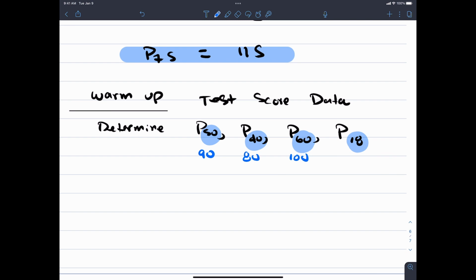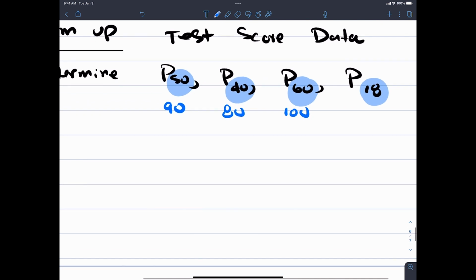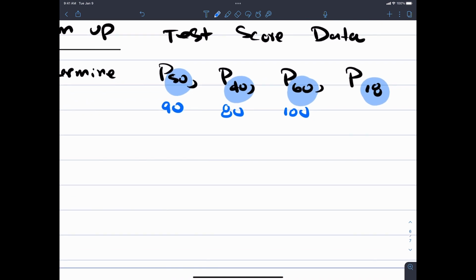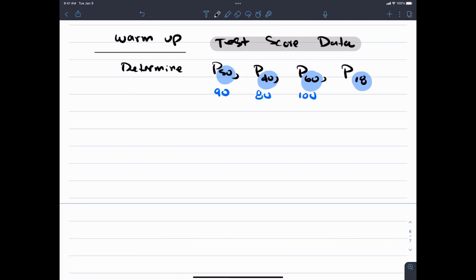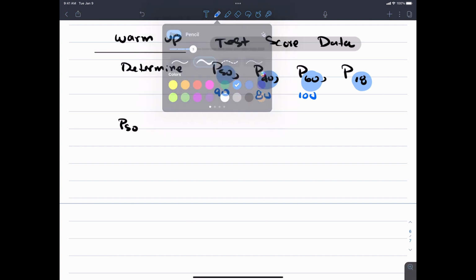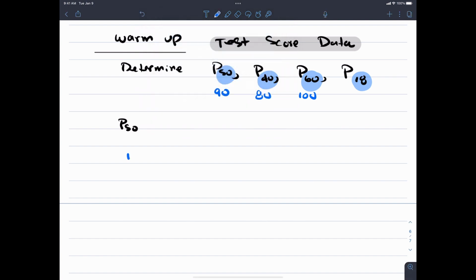Okay, let's verify this, ladies and gentlemen, because is this going to be on your next test? Yes. So when should you get started on your homework? Yesterday. Okay, so for P50, the first one, remember, you have to go with your recipe. So you say, what's your recipe? Well, step one, you need the locator.